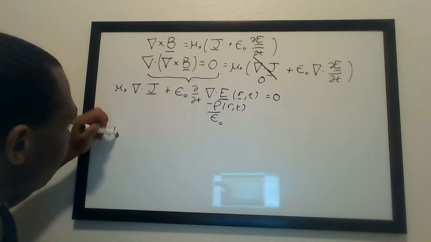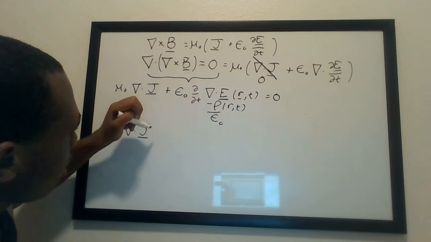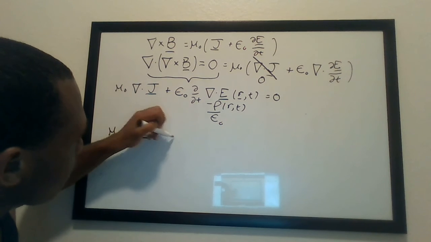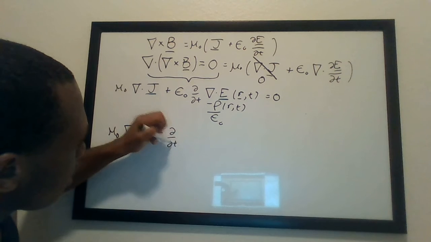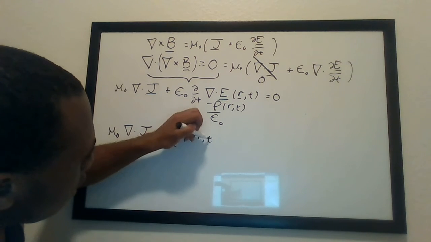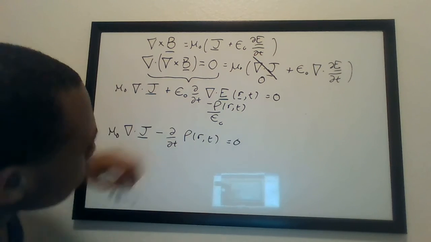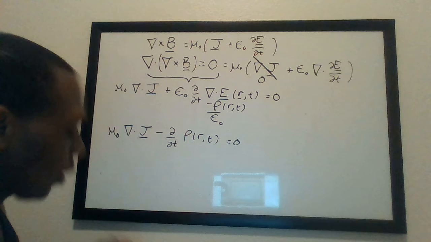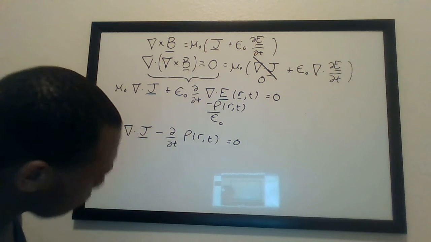And this gives you mu naught del of J minus d of t of rho of r and t equal to 0. And what is that, folks? There's your continuity equation. This is it.